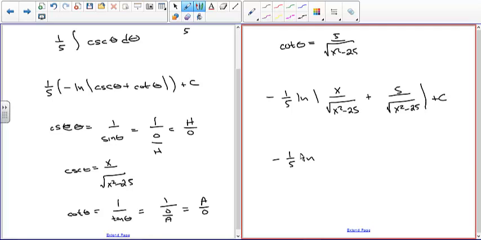So I'd have the natural log of the absolute value of x plus 5 divided by the square root of x squared minus 25. There's your answer. Okay. So again, luckily, these integrals are in the book, so we don't have to do anything special.